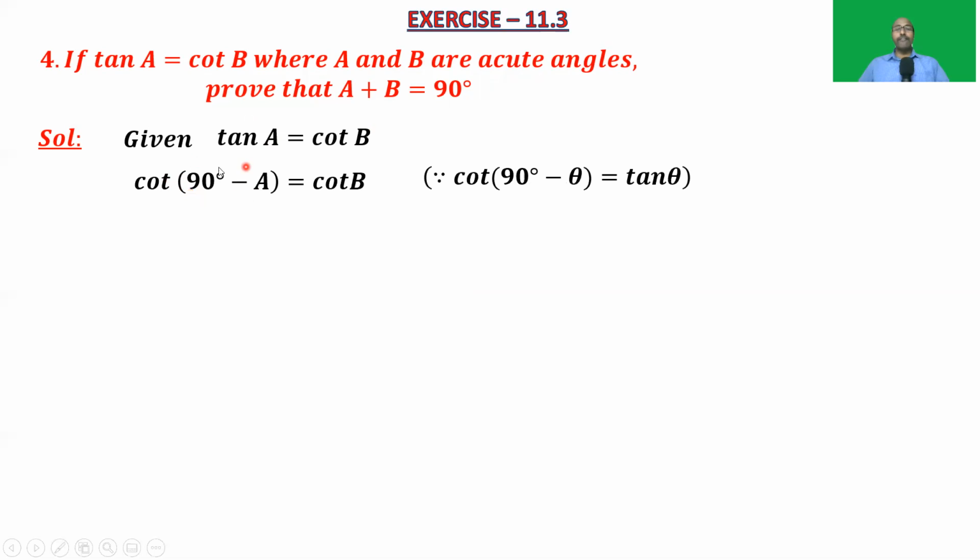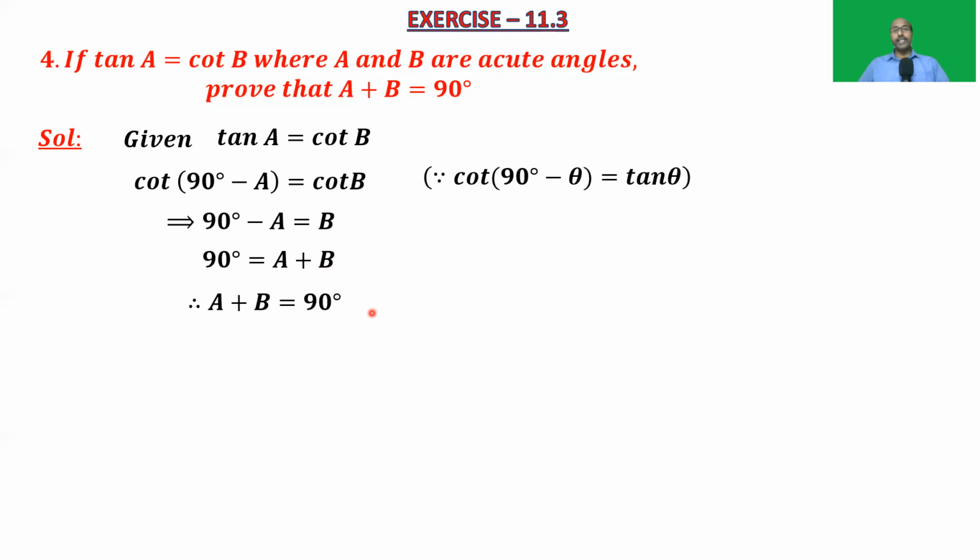Here also cot of 90 degrees minus A is equal to cot of B. So by equating the angles, we get 90 degrees minus A is equal to B. That is, by transposing A to the right side, 90 degrees is equal to A plus B. So here we got our required equation, A plus B is equal to 90 degrees.